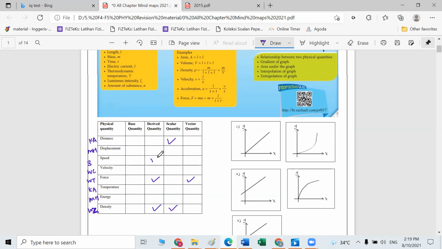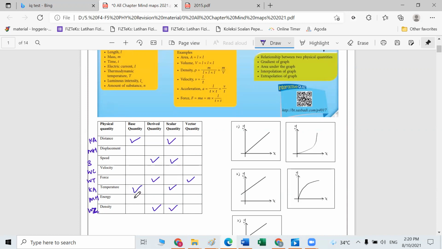Derived and scalar, base, vector, base, scalar too.